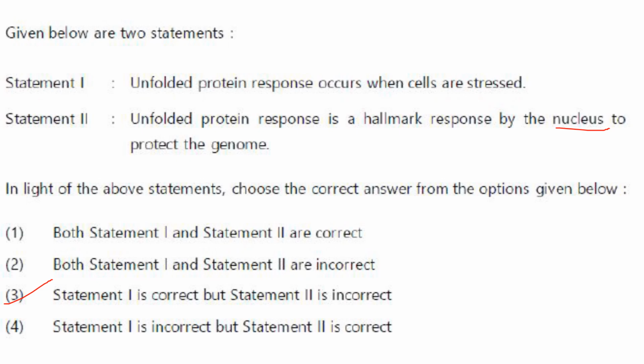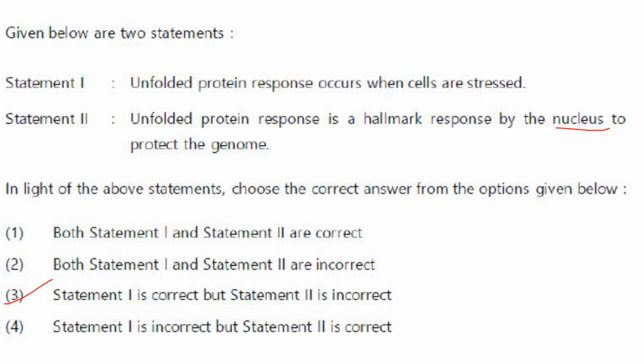Then the next one. Unfolded protein response occurs when the cells are stressed. Unfolded protein response is a hallmark response by the nucleus to protect the genome. Choose the correct answer from the options given below. So unfolded protein response occurs in cellular stress, and it is related to the endoplasmic reticulum.